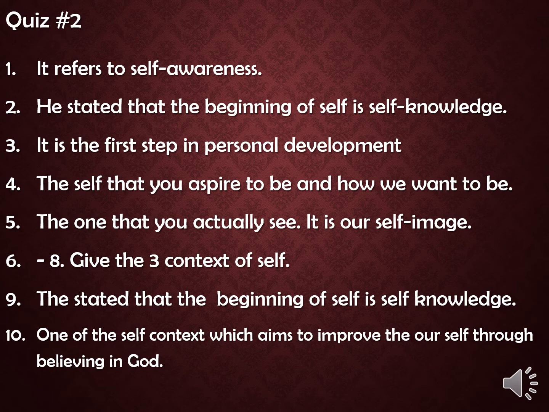Number 5, the one that you actually see. It is our self-image. Give the 3 contexts of self. Number 7, it stated that the beginning of the self is self-knowledge. Number 10, the one of the self-contexts which aims to improve our self through believing in God.